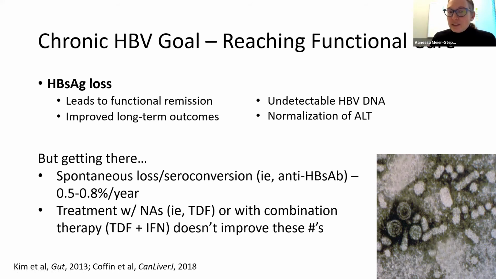It doesn't mean the virus is completely gone. It is still hiding away in the liver in that cccDNA form, but the outcomes are so much better, and the rates of all of those other chronic outcomes are so much improved, that we actually even stop doing screening ultrasounds.